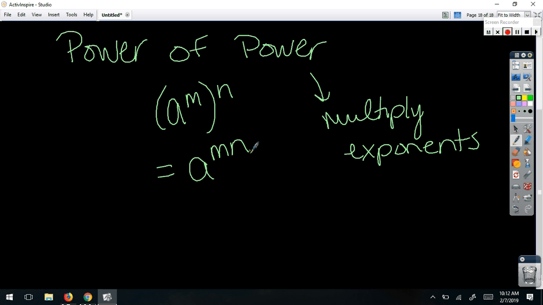It's a generic, it's just the rule. We write rules with variables so that they're true for all numbers. Now I can give you an example. Here's the rule. Let me show you an example.